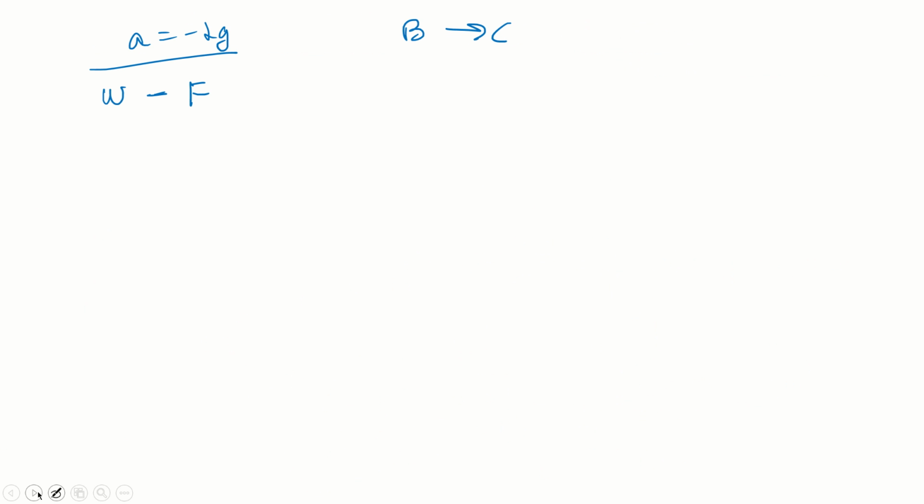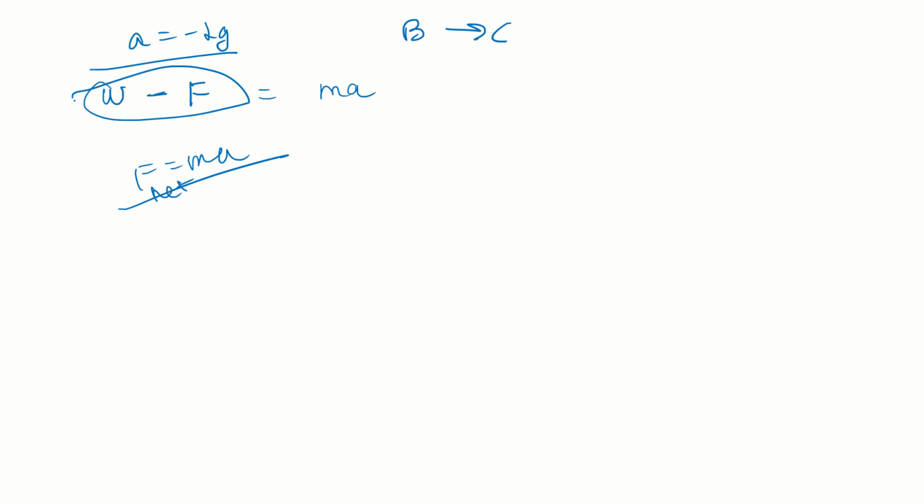So now applying from B to C, we know A is equals to minus 2G and W minus F is equals to M into A. We know this because obviously F is equals to MA. So F net is equal to MA. So net force acting on it is W minus F resistive.